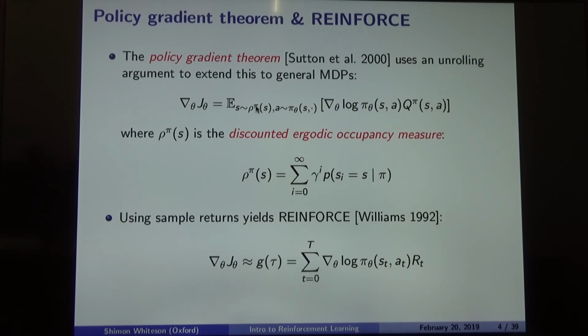Okay, now this expectation can be estimated using sample returns, yielding an algorithm called REINFORCE. So instead of this expectation, which of course I'm not able to compute, I just say, let me take my policy, interact with the world for one episode, and then take each sample from each time step in that episode and treat it as if it was a sample from this discounted ergodic occupancy measure.